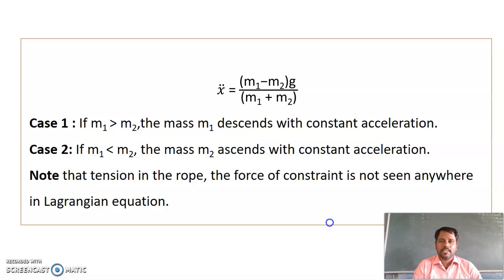If both the masses are equal, then x double dot is equal to 0, and we are moving with a constant velocity. Note that the tension in the rope, the force of constraint, is not seen anywhere in the Lagrangian equation. This is the beauty. Now you see that we have applied the Lagrangian equation to arrive at the equation of motion for Atwood's machine.